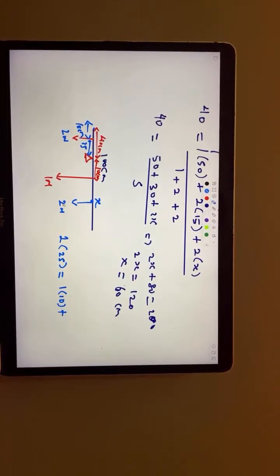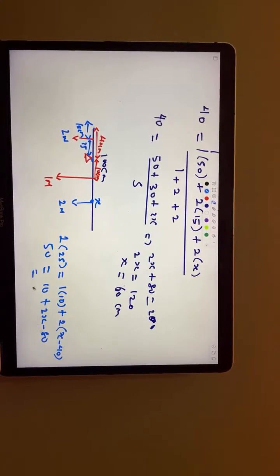Plus finally, we have these 2 newtons multiplied by this mark X, which is away from this place in such a way that the pivot already has 40 centimeters carved out. So that means that whatever is left from here to here will be what? X minus 40. And that will be 2 times 25 is 50. This is 10 plus 2x minus 80, like that.